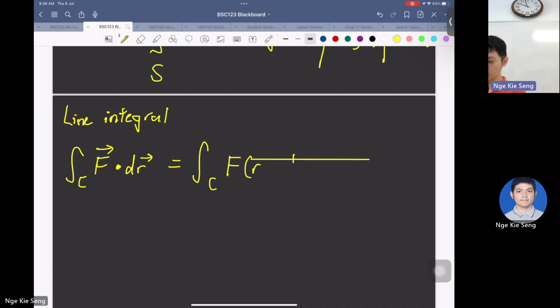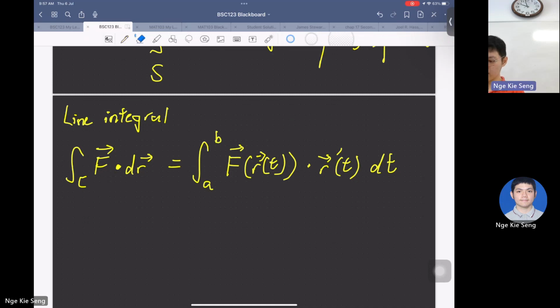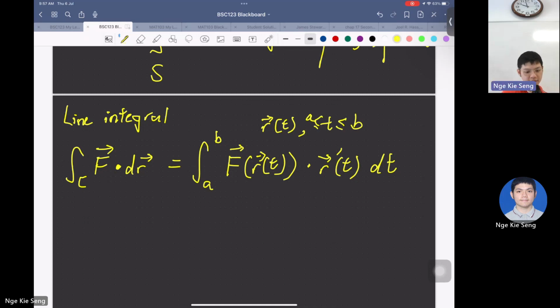We substitute the parameterized curve into my function, and we dot with the tangent vector, dt, where t goes from a to b, so my curve is going from A to B. So this is the line integral.